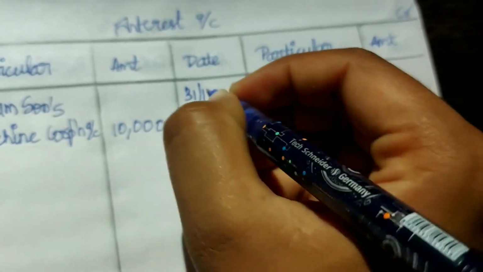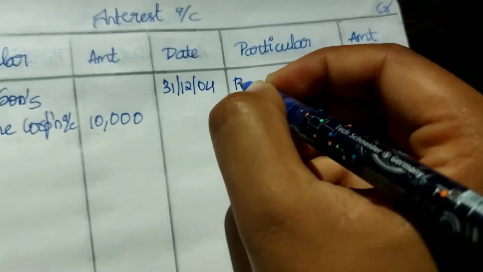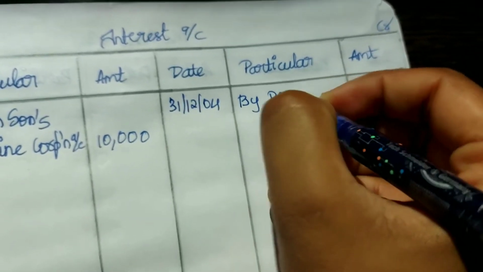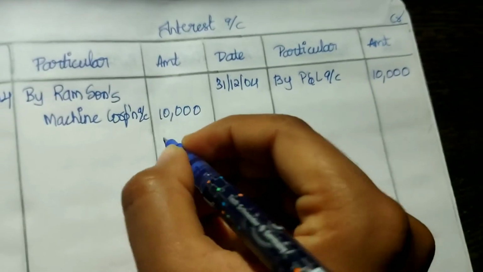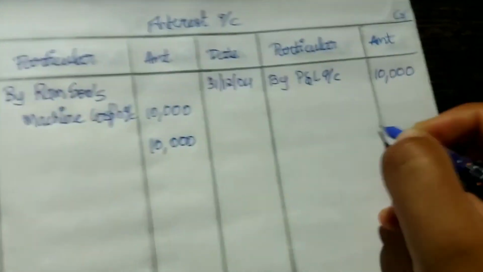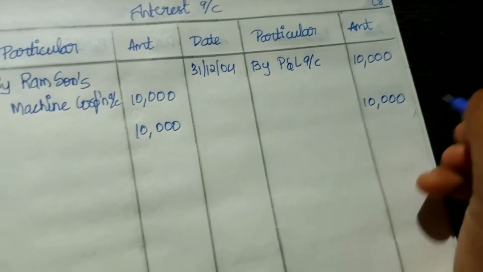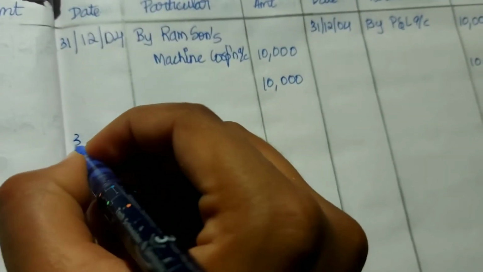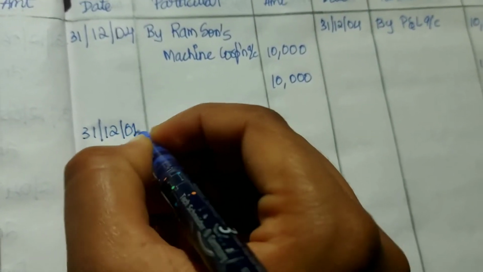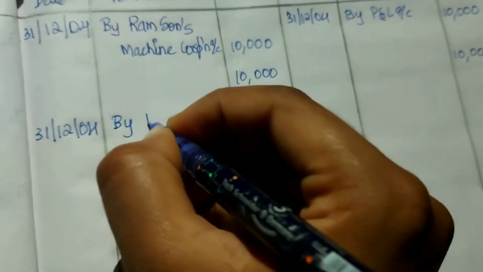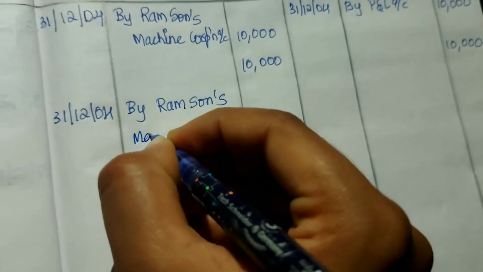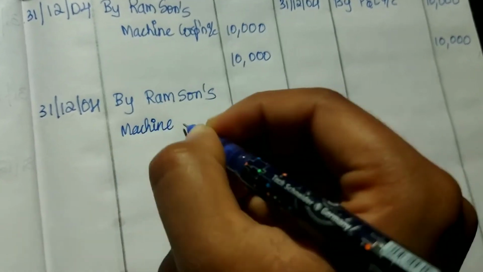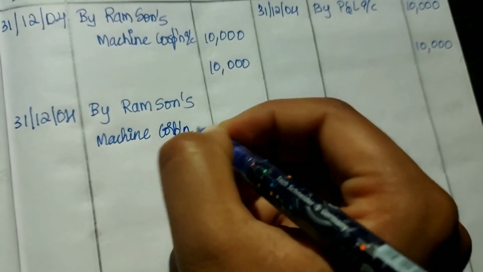31/12/2004 it was credited by profit and loss account. That was 10,000. So we'll tally the account, 10,000. Now we'll go for the second year. Second year also we paid the interest to Ramson's Mission Corporation account.